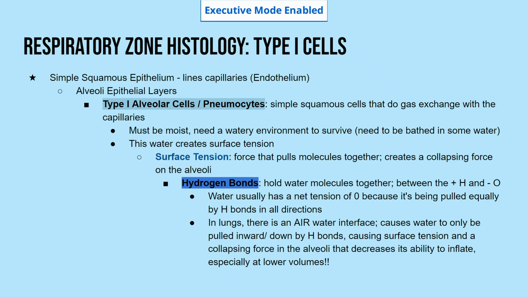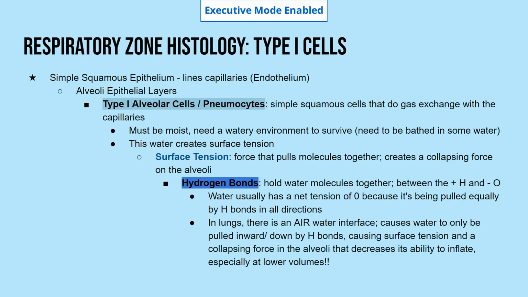And this is important because when you exhale, you need the alveoli to collapse to push air or carbon dioxide back out of your lungs. If your alveoli didn't collapse like this, if there's no force pulling in, then you wouldn't be able to exhale.